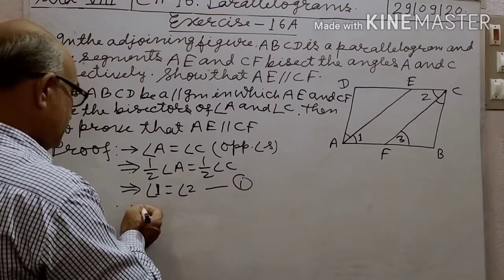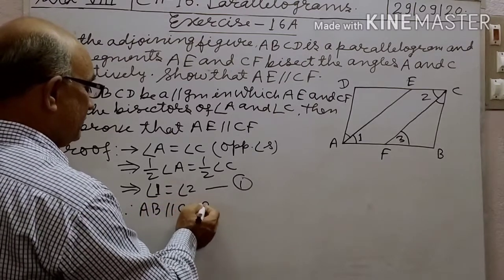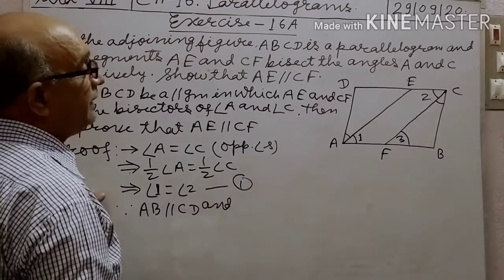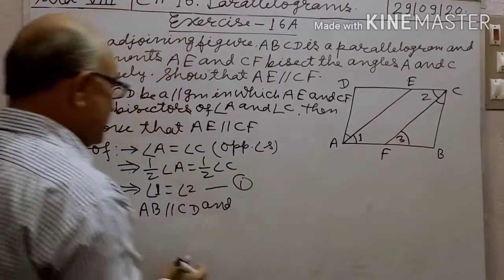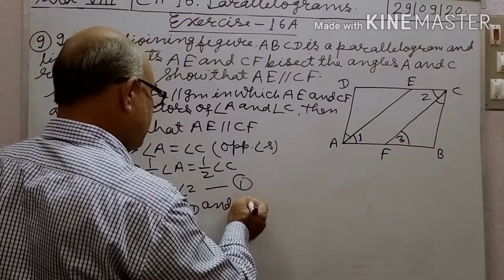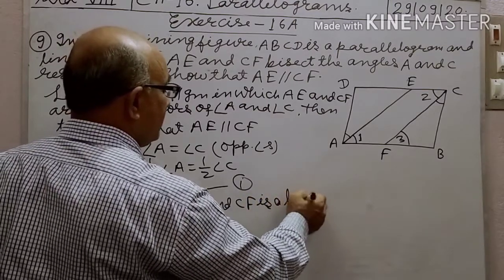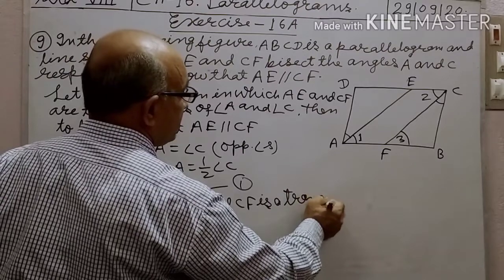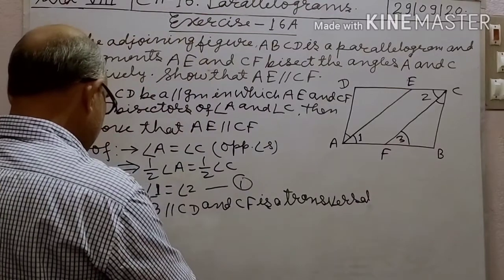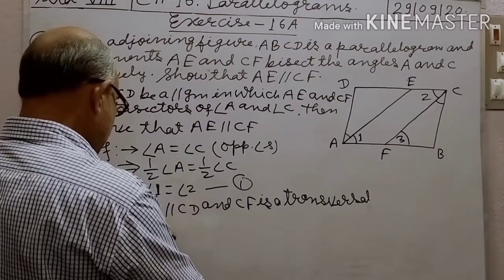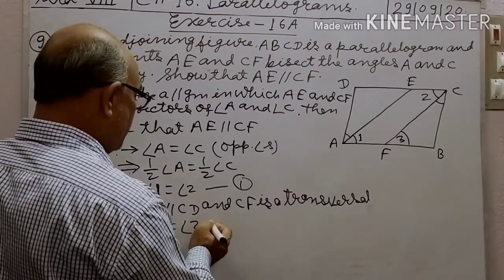Since AB is parallel to CD and CF is a transversal, therefore angle 3 equals angle 2.